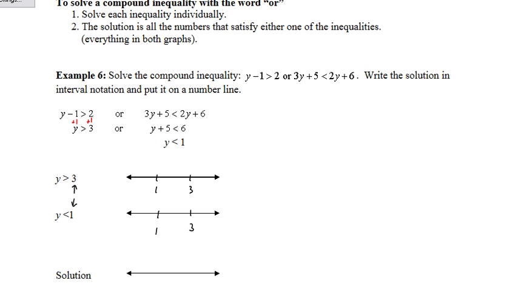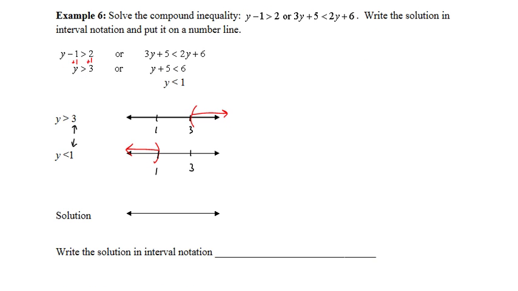Now let's graph them both. All numbers greater than 3, all numbers less than 1. Now I'm looking for the union of them both, not the intersection. If this were an intersection problem, they don't intersect and there wouldn't be an answer. But for the union, you include everything from the first set, so all numbers greater than 3.